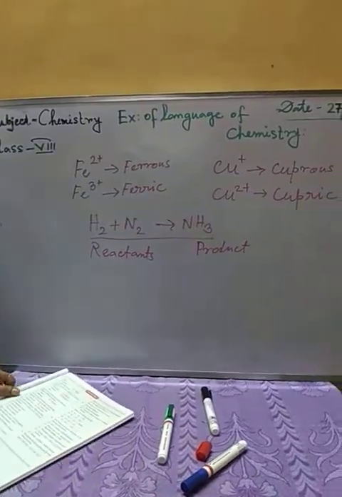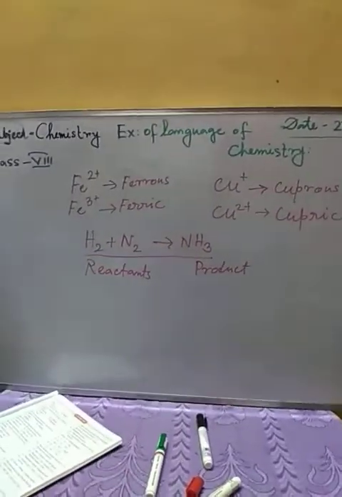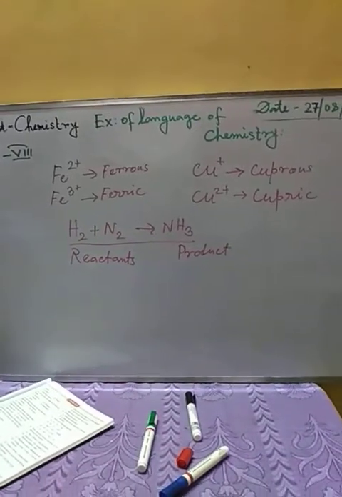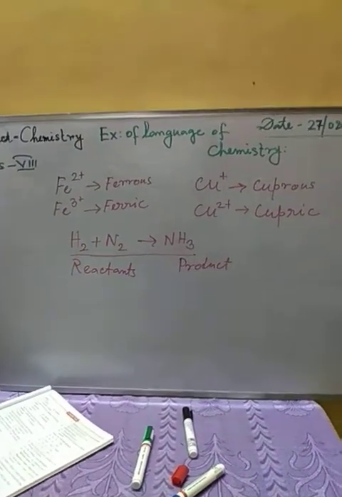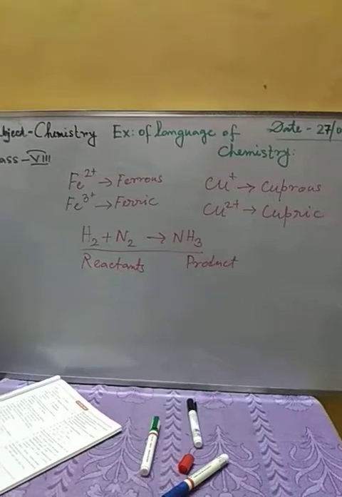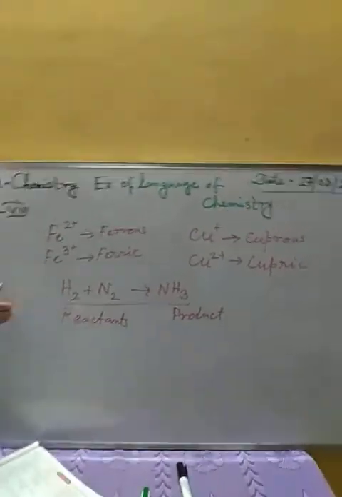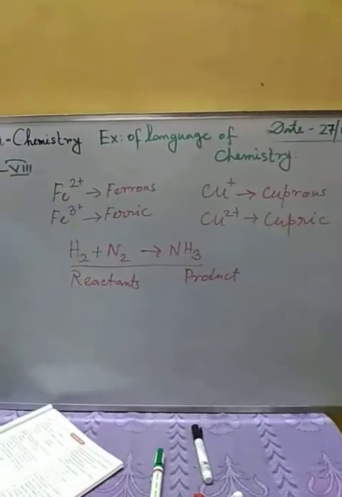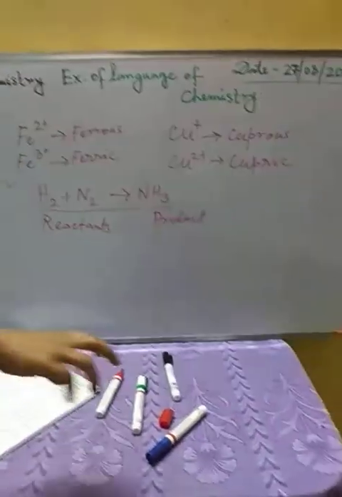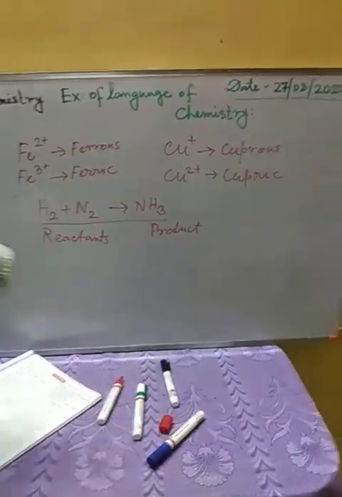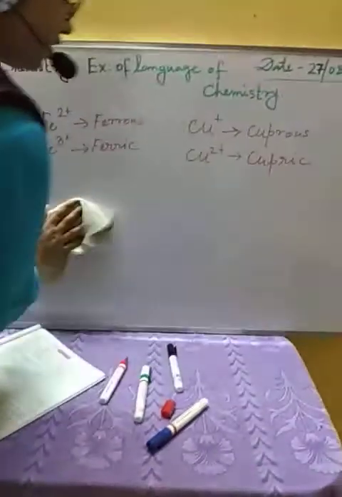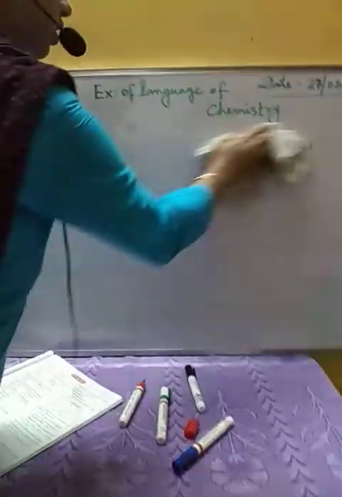For balanced and unbalanced chemical equation also, same thing. The first point of differentiation will be their definitions. Then you will be writing a balanced chemical equation. Just this format I am showing once.